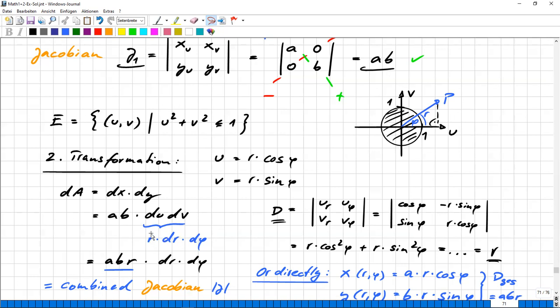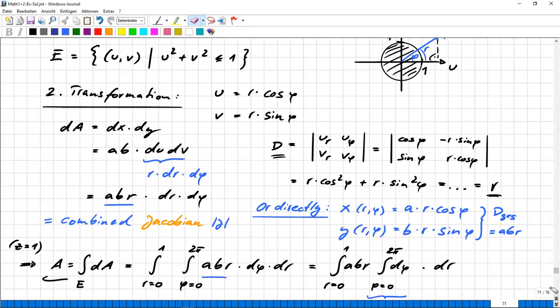So in the end, what we get is now differential area dA equals ab times r times dr times dφ. And if you want to be sure about this factor of r, it's also a good idea to set up the Jacobian. I should call it J for Jacobian.